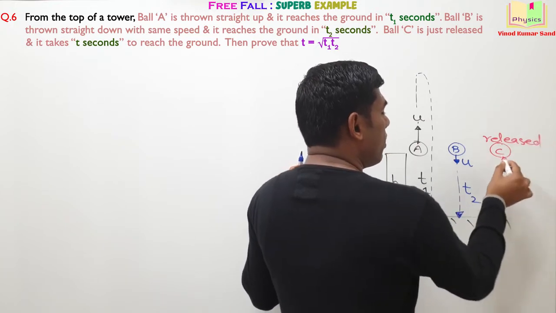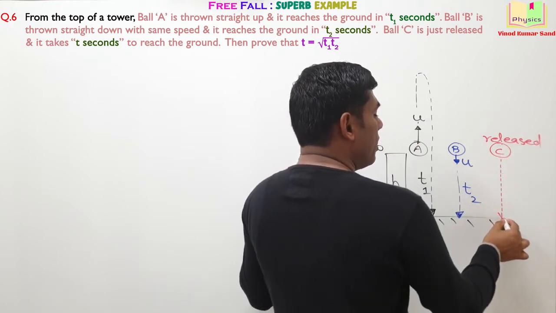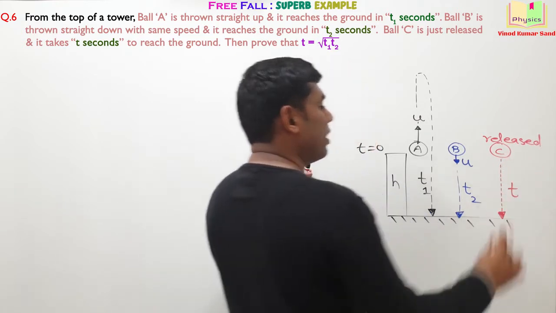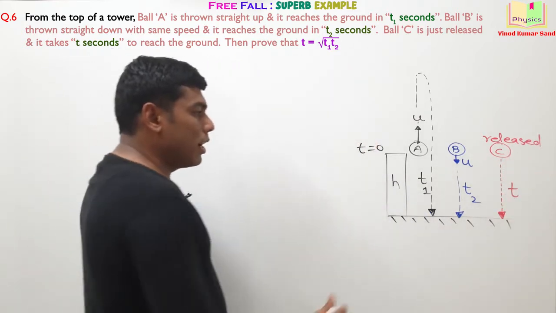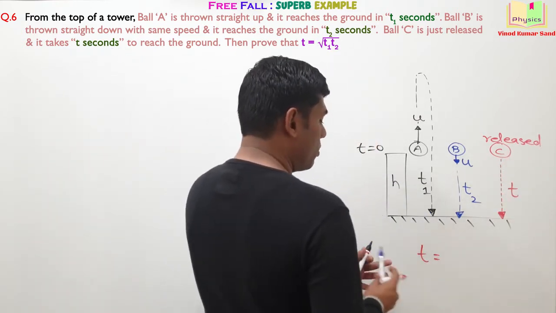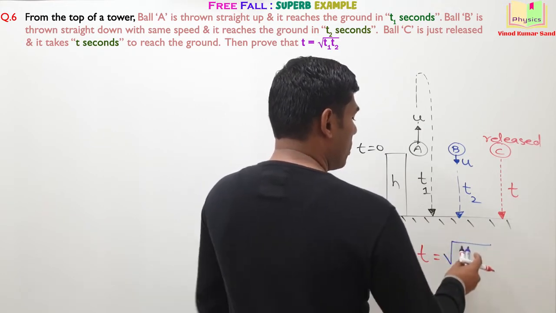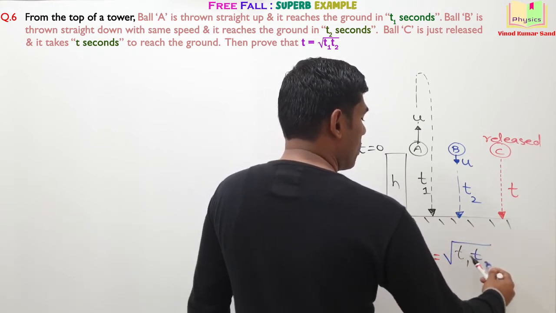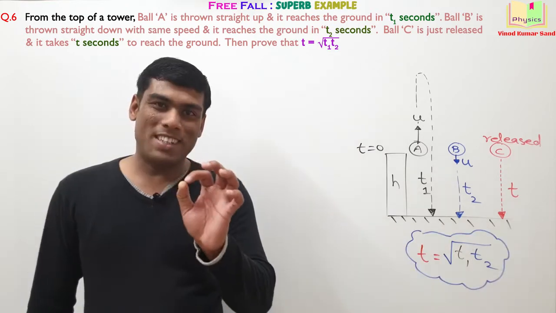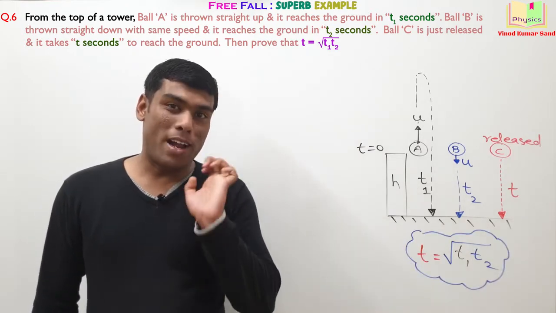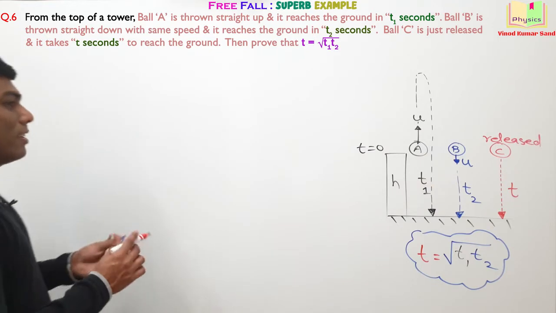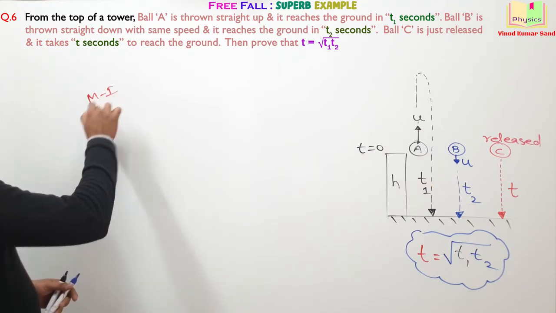So its initial velocity will be 0 and it reaches the ground in time t. We have to prove that t is equal to root t1 t2. Okay, that's our target. First, I am taking up the smartest method, the fastest method, so naming it M1.